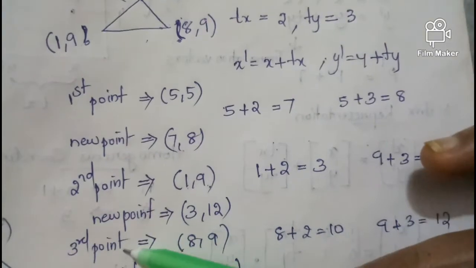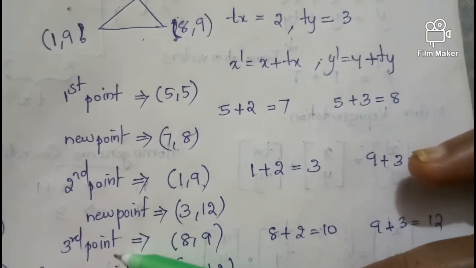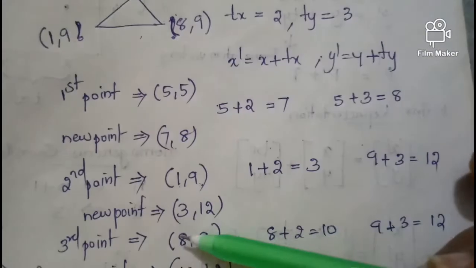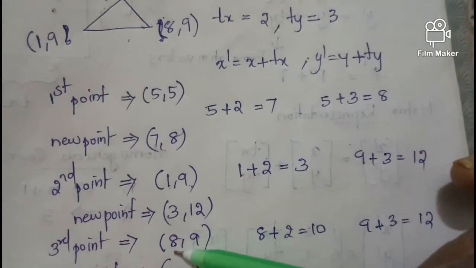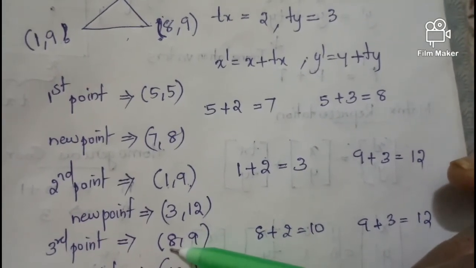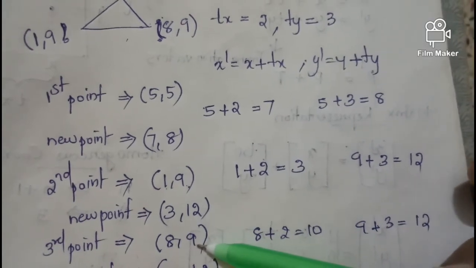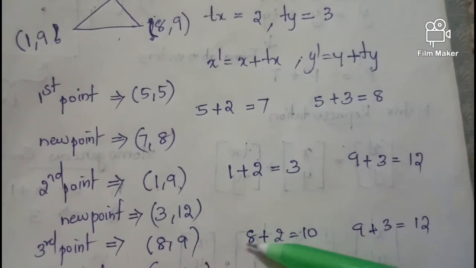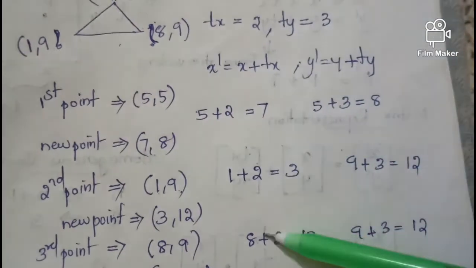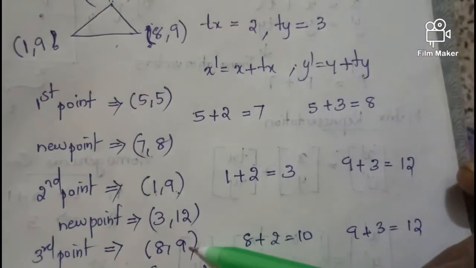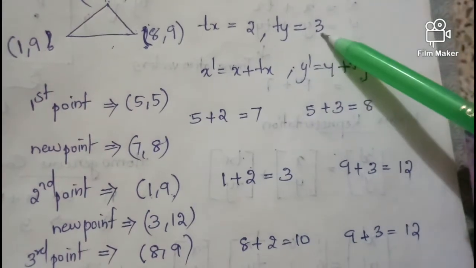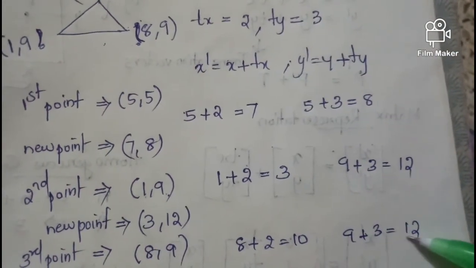Okay, now similarly you have to find the new position of the third point. Third point is at 8, 9. From 8, 9, this is x and this is y. You can add tx to 8 and ty to 9. That is 8 plus value of tx, which is 2, will give you new x dash, and value of y, that is 9 plus ty, 9 plus 3 will give you 12.